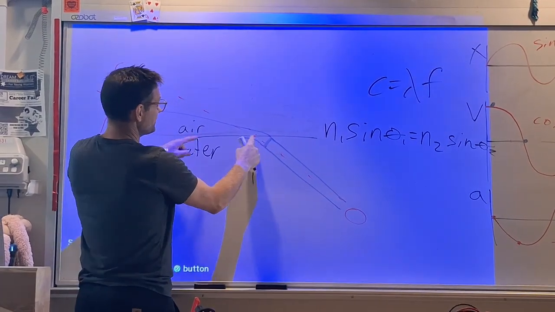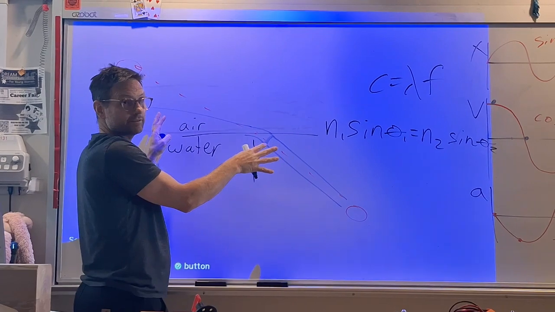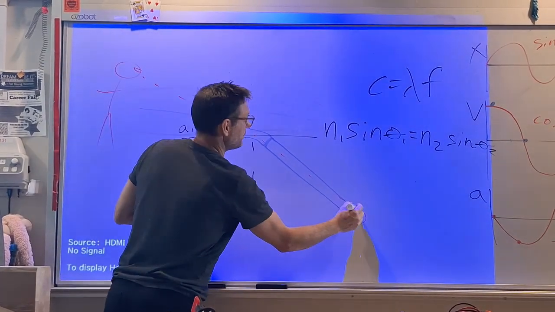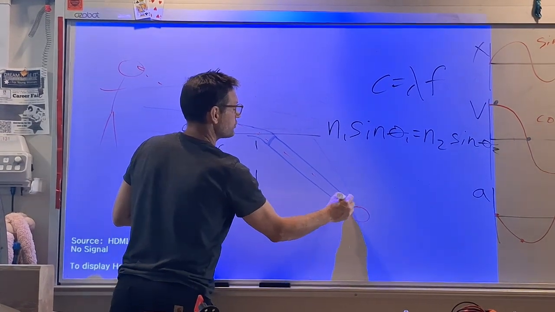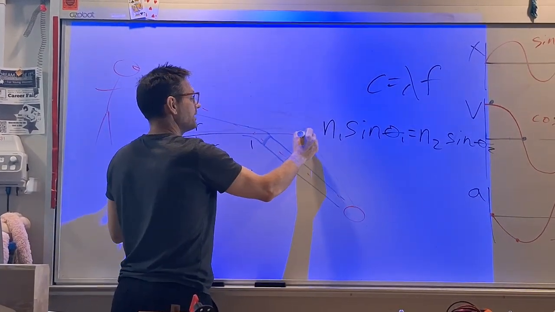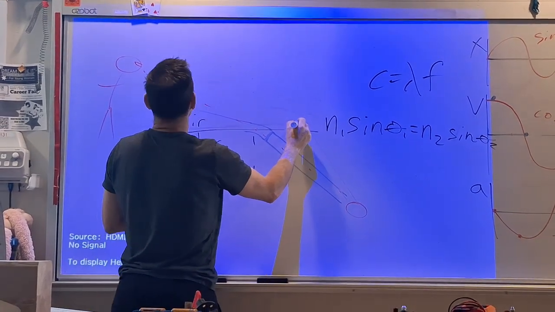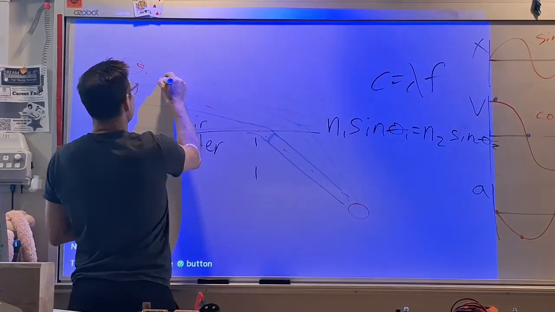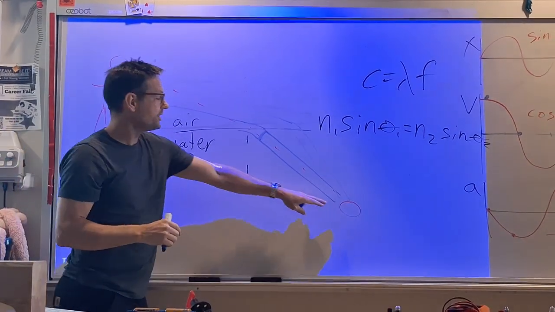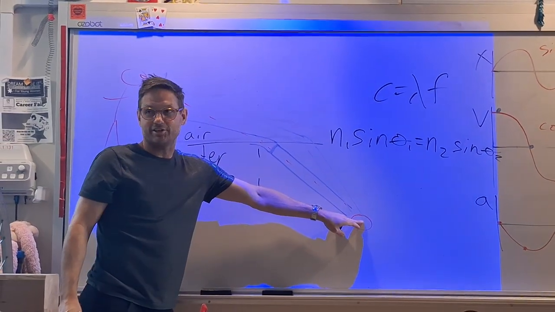Or he won't see this light ray, right? But which light ray will he see? The one that came up this way, right? Top hits, and it comes out, and this goes faster, and it goes to him, and he sees the coin. But if the coin's really here, he doesn't see it here, right?